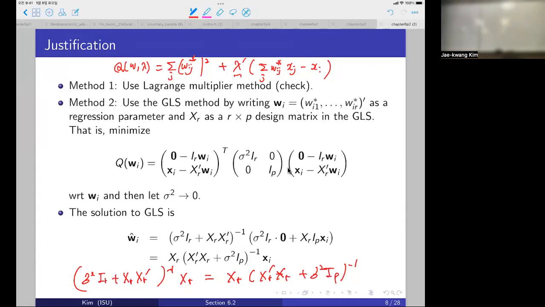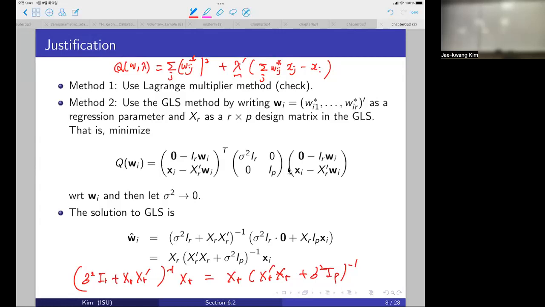So my point is how we can interpret this optimization problem. Let's minimize this one subject to this one as a statistical problem. One way is to minimize this. Here this is a constraint. Here this one doesn't seem to be a constraint, but it is actually a constraint if you let sigma 0 go to 0.